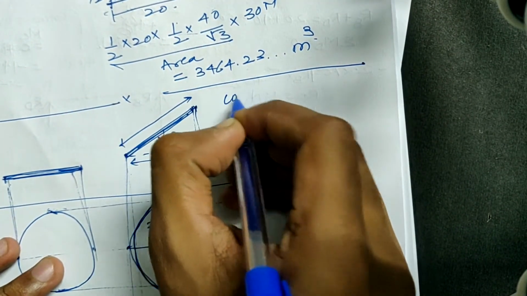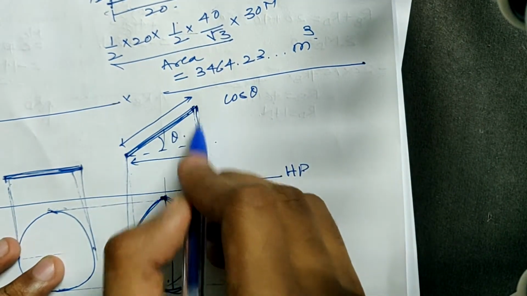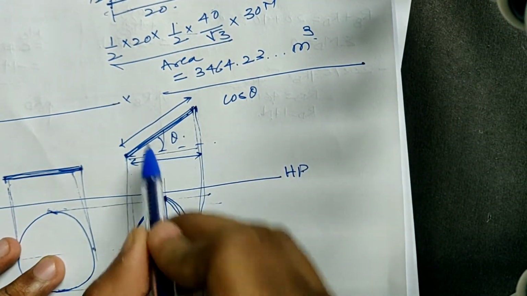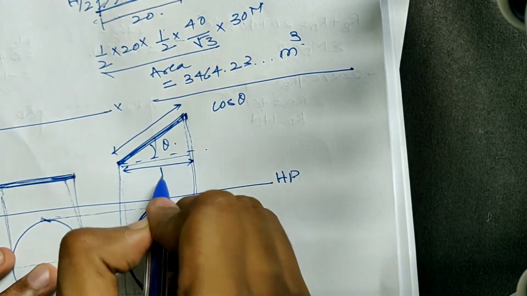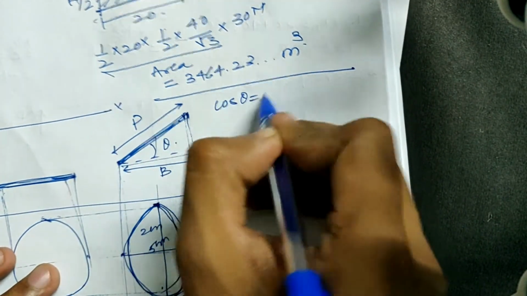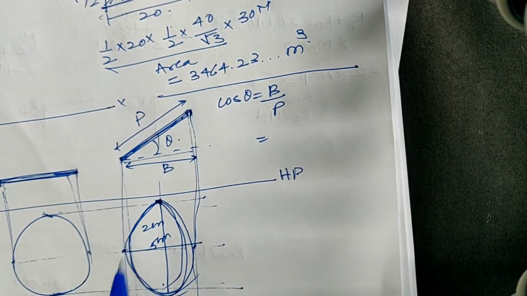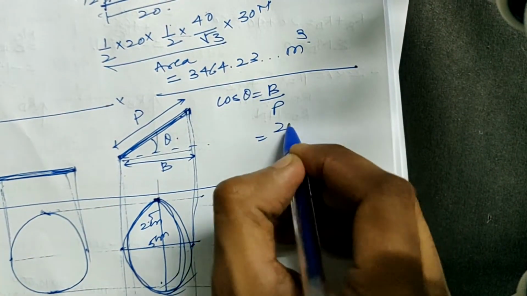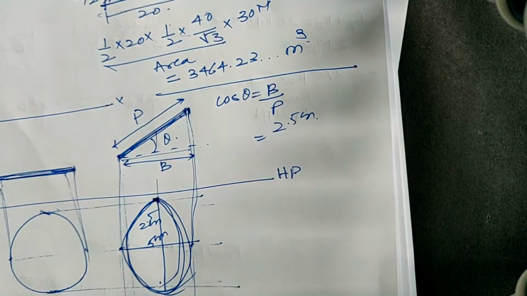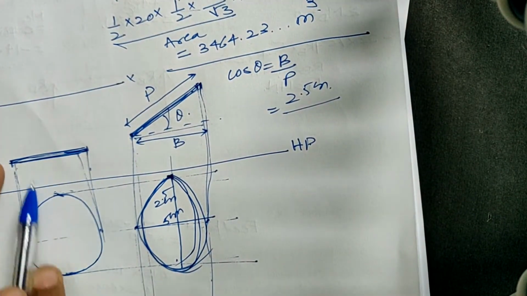Since calculating this length will be difficult, you can calculate this length and this length. So your cos theta would be, let us say, base by perpendicular. You can see that base is equal to your minor axis, which is 2.5 cm. And look at this position.